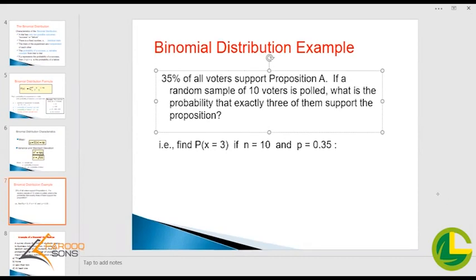I can solve this question manually and also on SPSS. So I'm showing you how to solve it manually, then we can solve it on SPSS. Now you know that n is 10, p is 0.35, and we have to find the probability of x equal to 3.